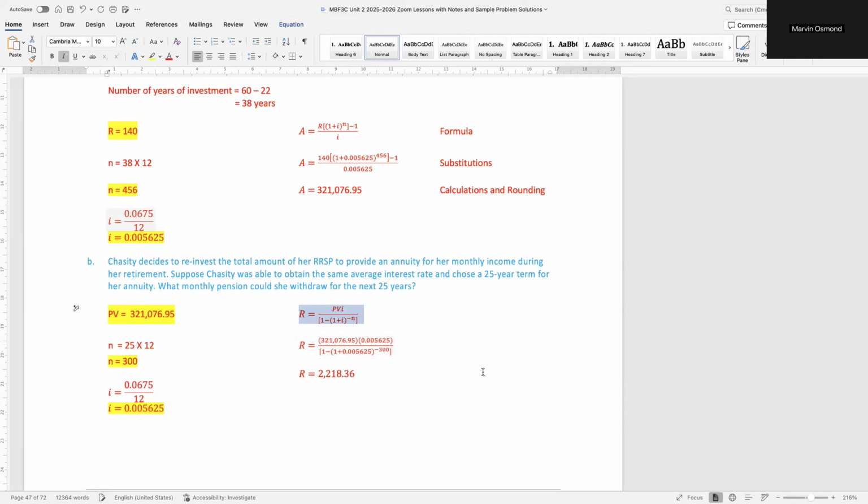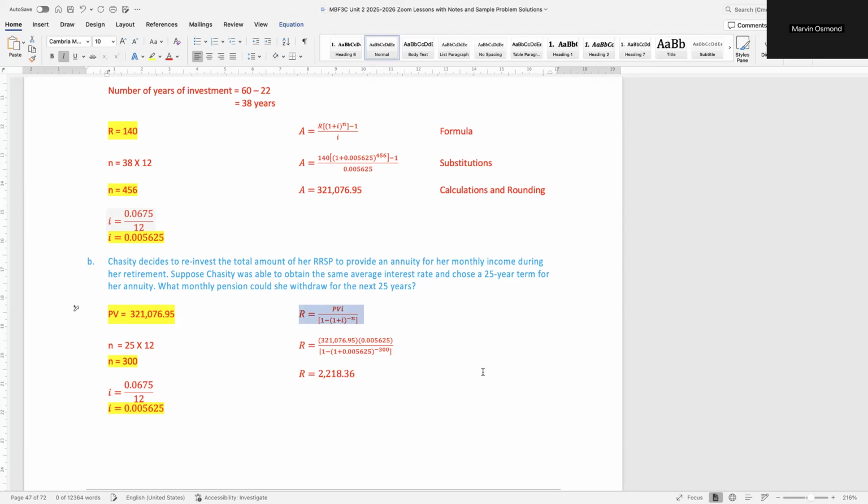Okay, so I'm going to do everything on the top separate from everything on the bottom, separate, put in brackets. So bracket 321,076.95 times 0.005625.